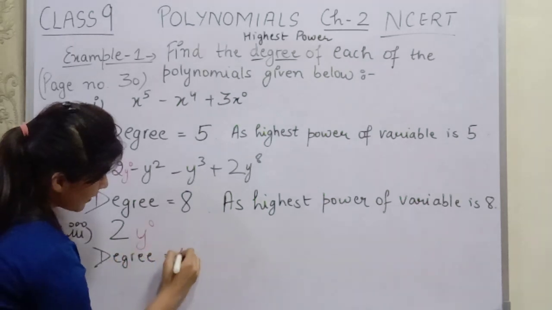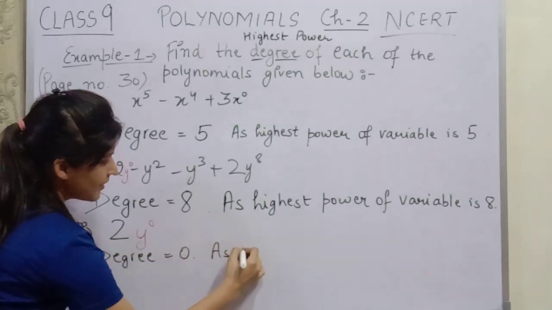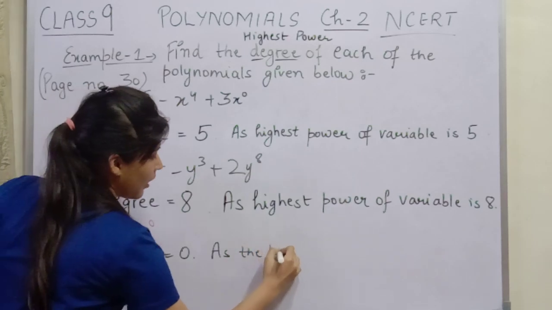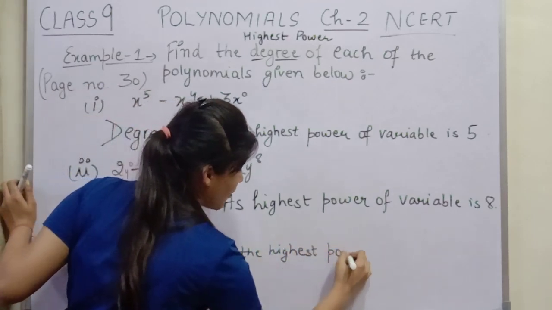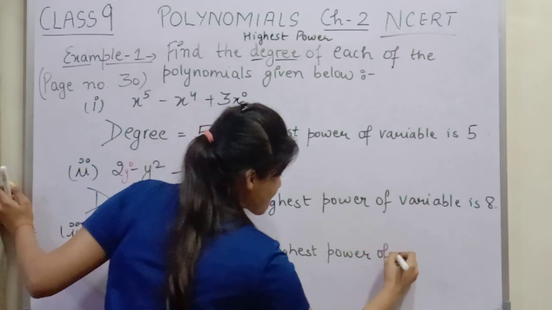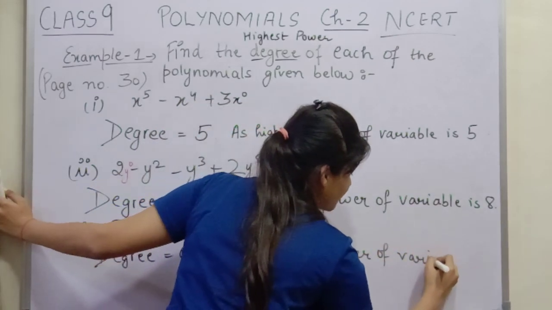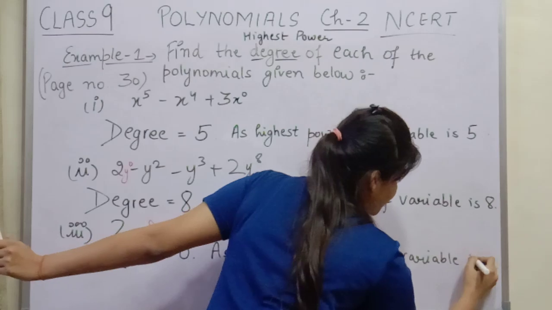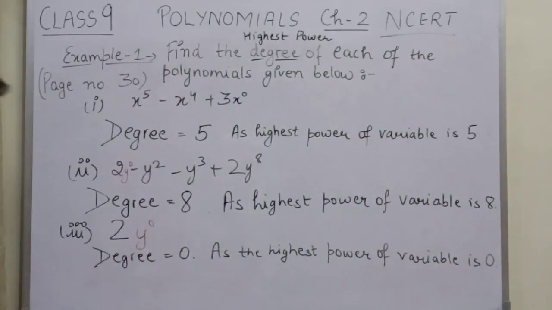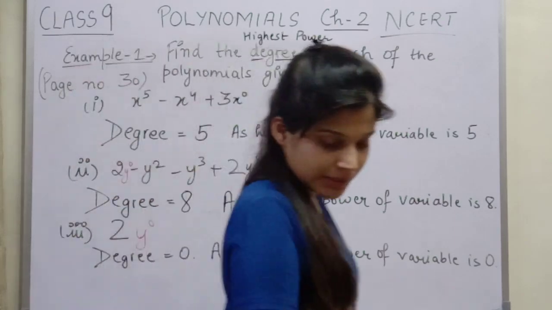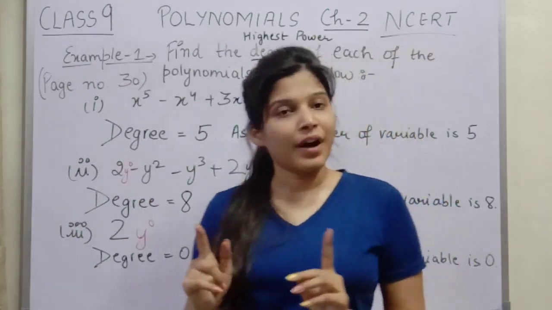Degree is 0 as the highest power of variable is 0. Okay, so the reason is also very obvious and clear. So with this we have completed our example number 1.